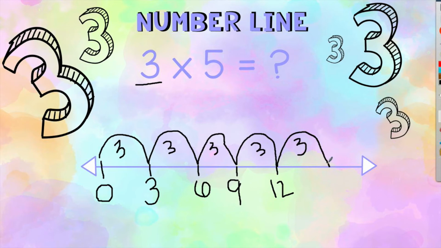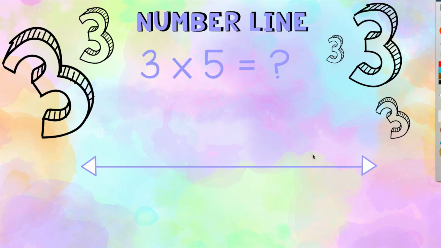And 12 plus 3 equals 15. So I got 15 as my product by using a number line. Let's try the second way and see if we get the same answer.